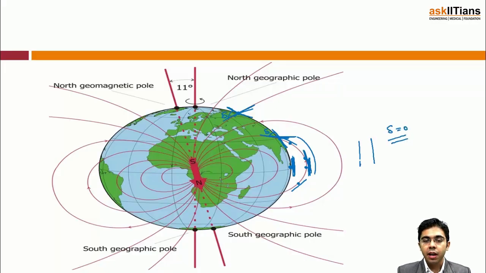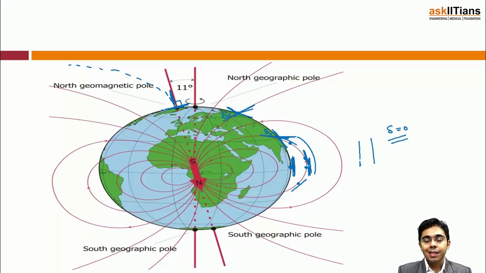But similarly, if we check at the poles, the magnetic needle becomes something like this, because at the magnetic poles the magnetic lines come something like this. At the poles the needle is like this and the horizontal component is this, so they are perpendicular.